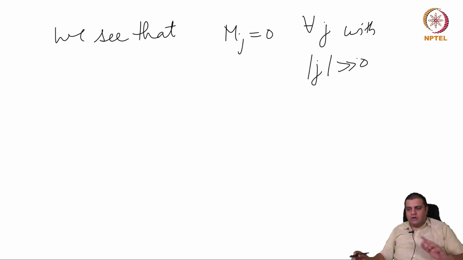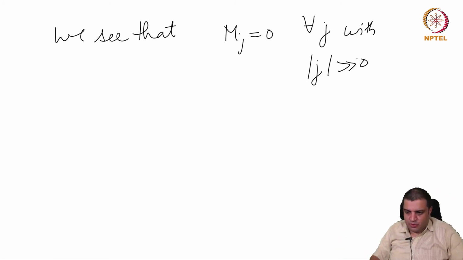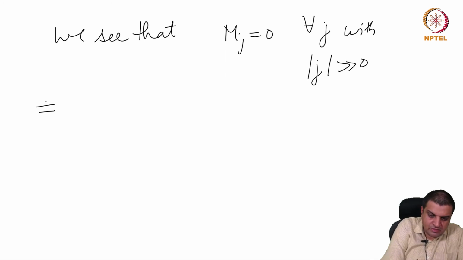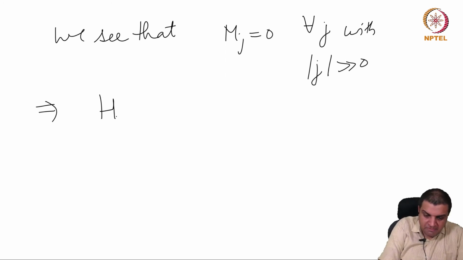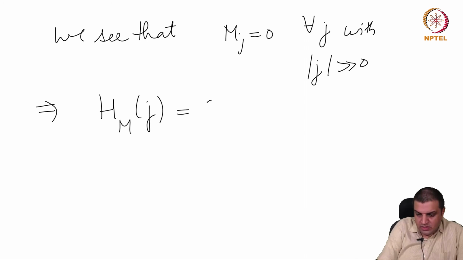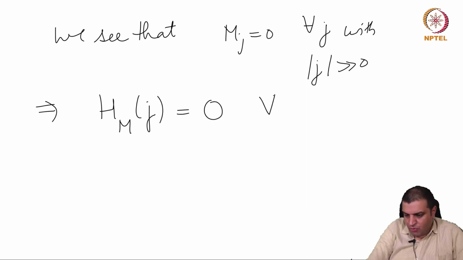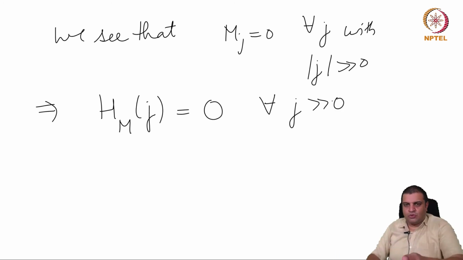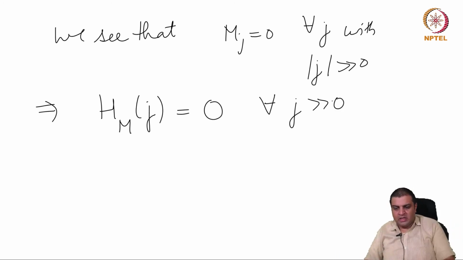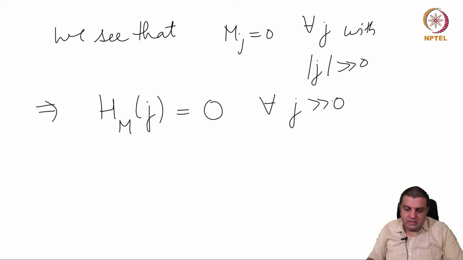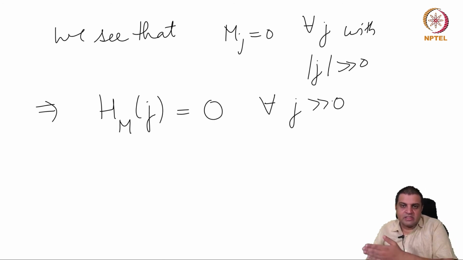Going in either direction, Mj must be 0. In other words, the Hilbert function of M in degree j is 0 for all j sufficiently large. It's also true. So we just need this part because the assertion is only about this. And we treat this as the empty sum on that side.